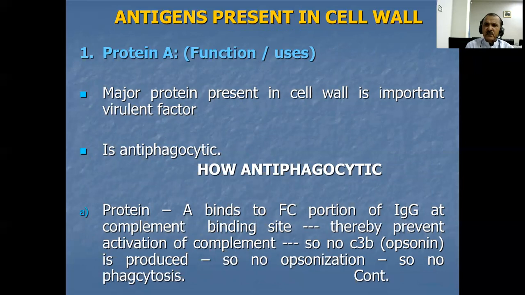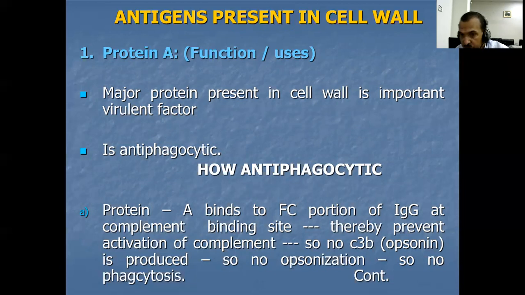Antigens present in the cell wall of Staphylococcus aureus: protein A. What are the functions of protein A? Protein A, the major protein present in the cell wall of Staphylococcus aureus, is the most virulent factor. Number two, protein A is anti-phagocytic, meaning it prevents phagocytosis of the bacteria.